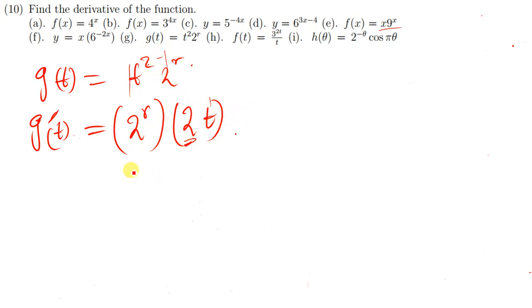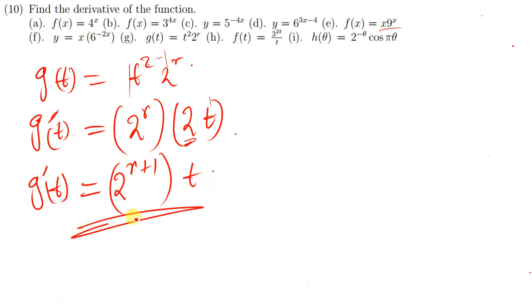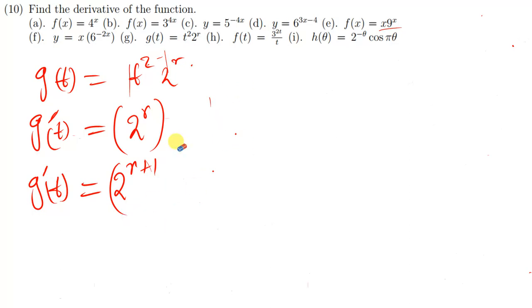So when you simplify this expression, you can write it as g prime of t is equal to, since you have this 2 and that 2 multiplying, so you can say 2r plus 1, then times t. This is how best you can simplify it. Let's quickly move on. Let's see if we can solve another one.